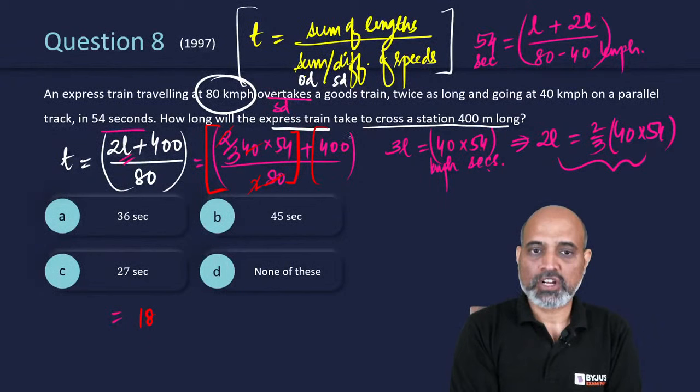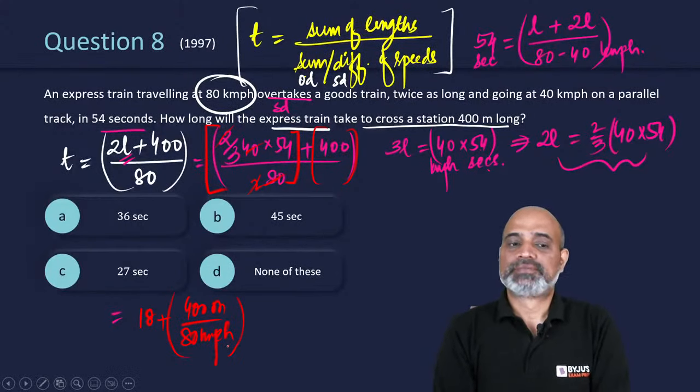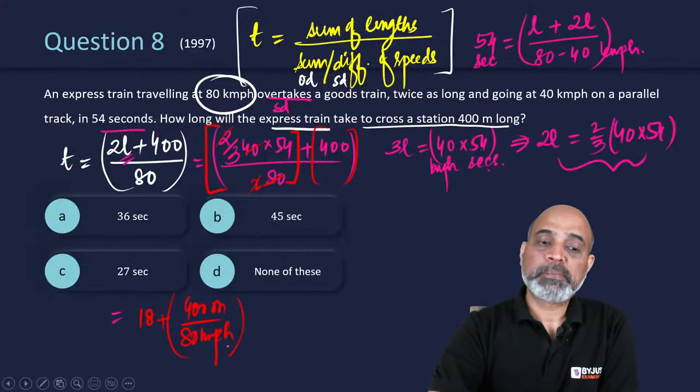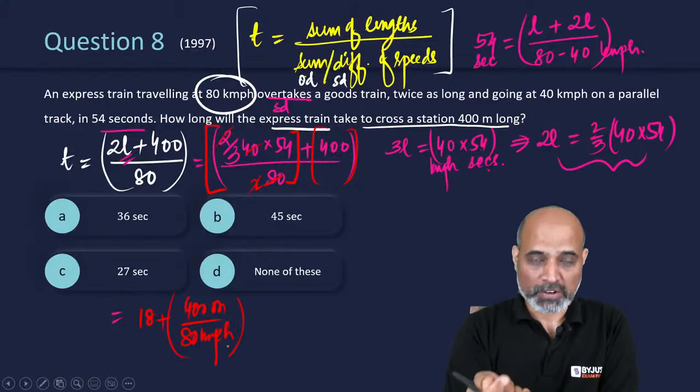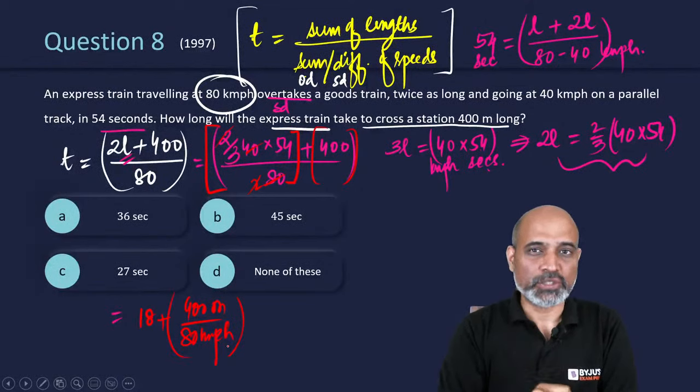Okay, let's solve the next one. Next one is 400 meters divided by 80 kmph. So now here, should you convert, or should you solve it by understanding the units?